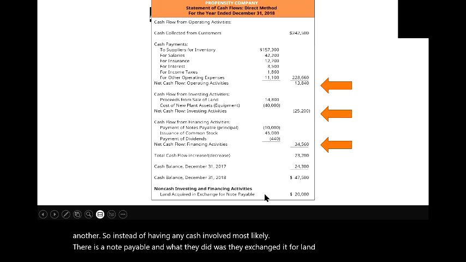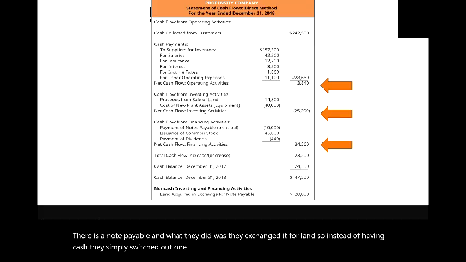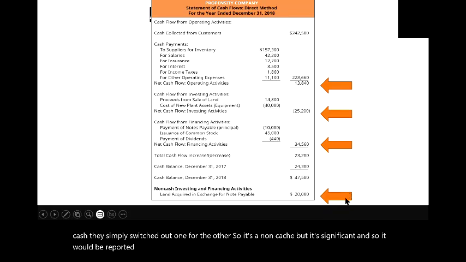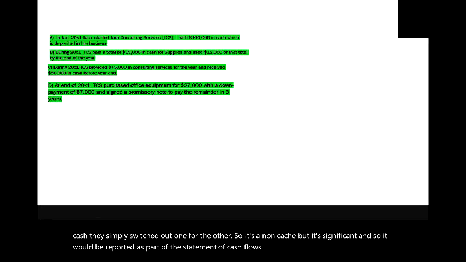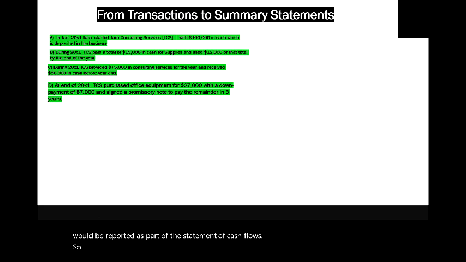So instead of having cash, they simply switched out one for the other. So it's a non-cash, but it's significant, and so it would be reported as part of the statement of cash flows. So right back to where we started, we had transactions.